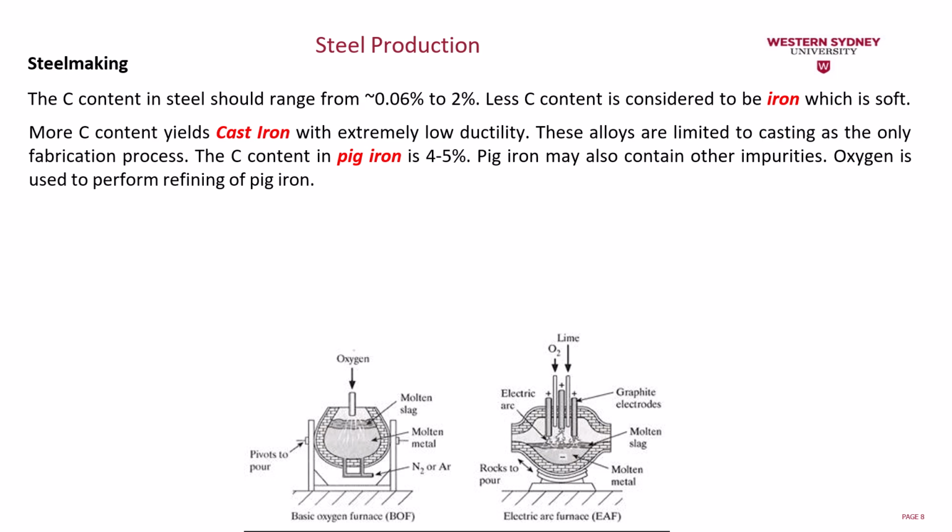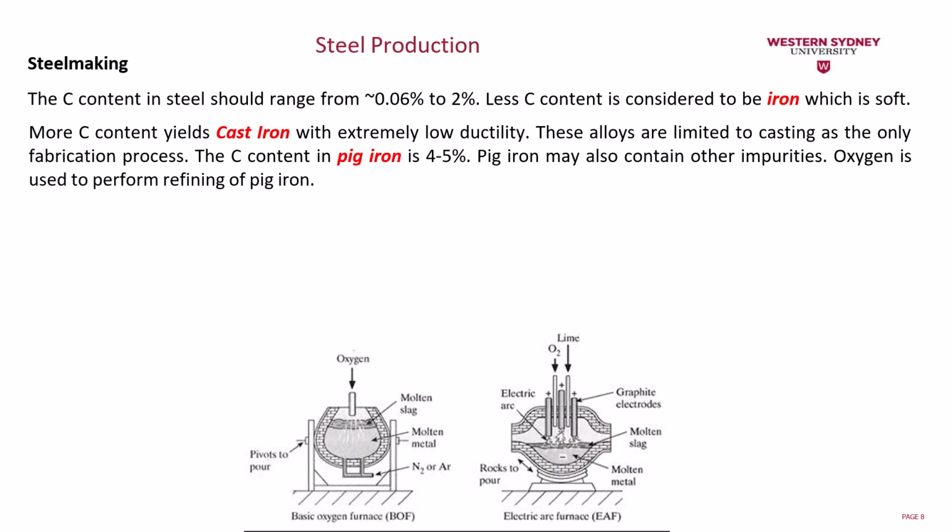That's cast iron. These alloys are limited to casting as the only fabrication process. Cast iron cannot be rolled, and in most cases cannot be forged. So they're all going to be cast and machined.